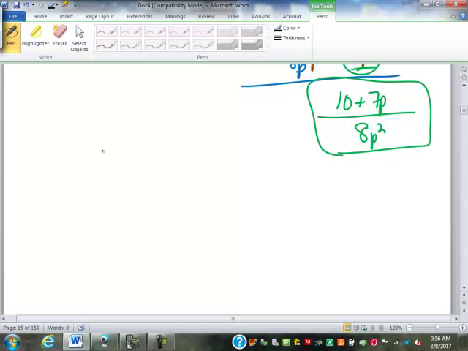We might have a subtraction like 5m over 6p minus 7 over 9p.